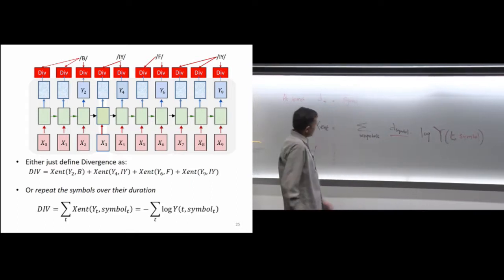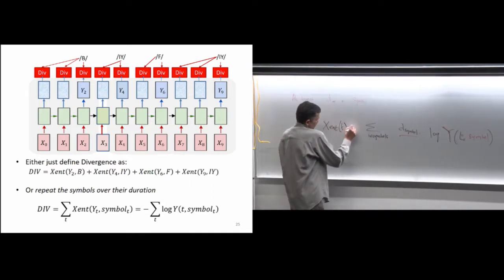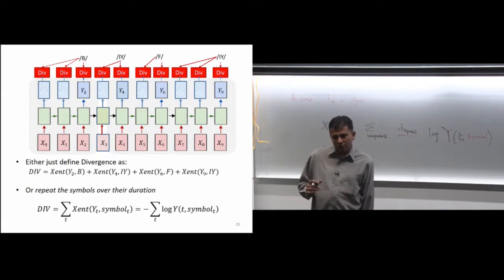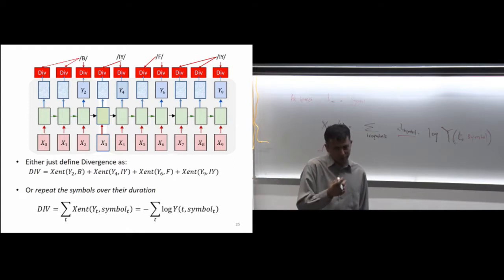This is the divergence at time t, the cross entropy at time t. This is just the standard definition for the cross entropy: the desired value times the log of the output, correct?